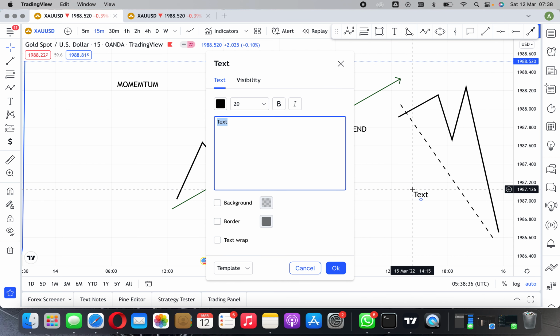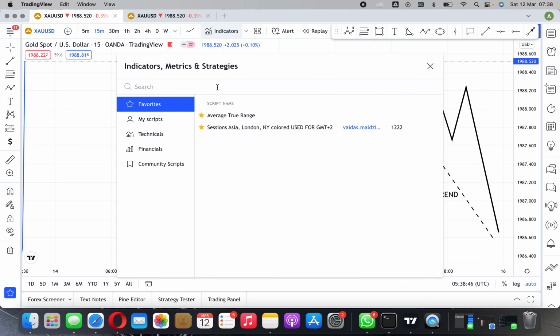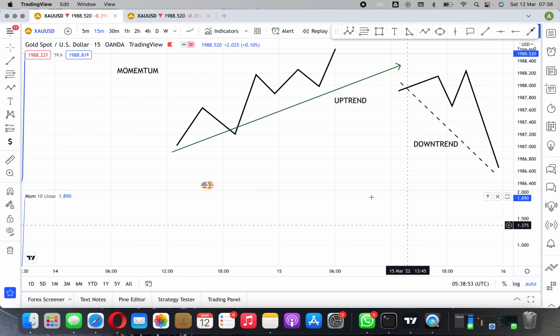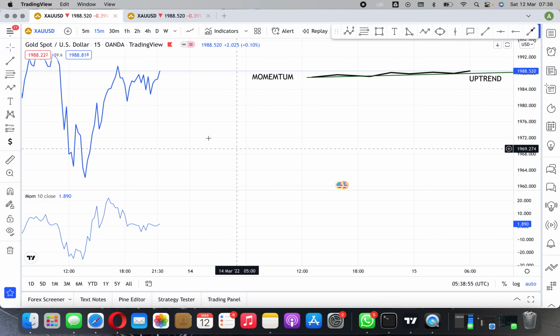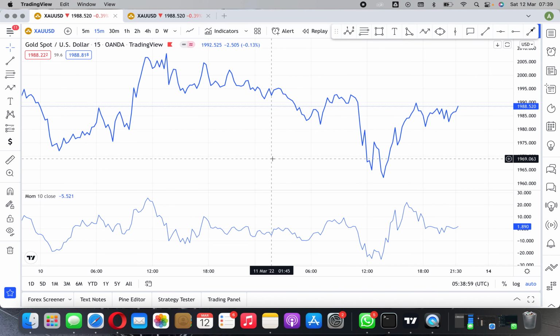So the momentum is just like the direction, but we have a tool for it. We have an indicator for it. Okay, let me bring it out. Momentum. It's actually going to try to tell us, can you see it here, the movement of the market as well.